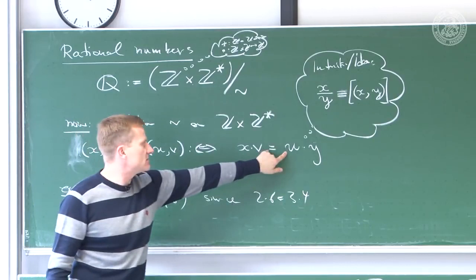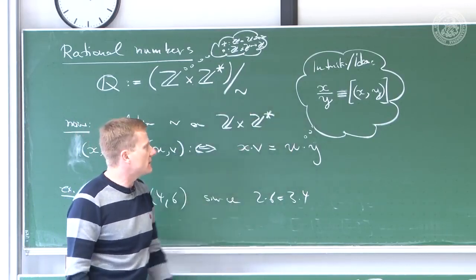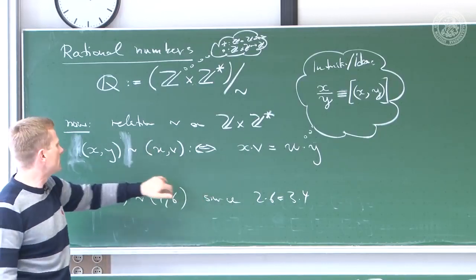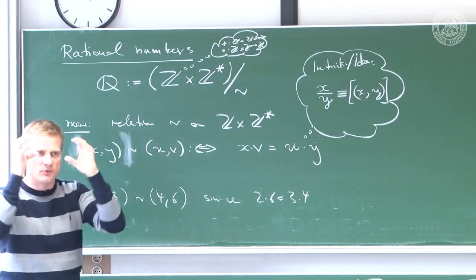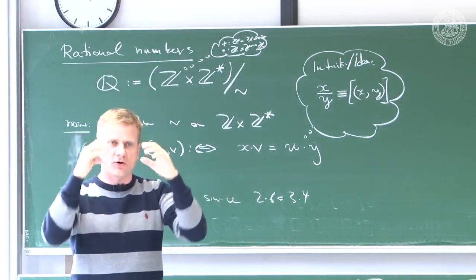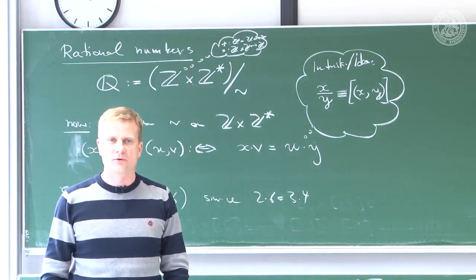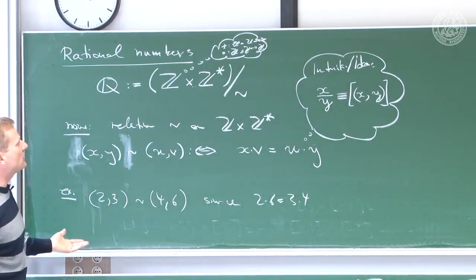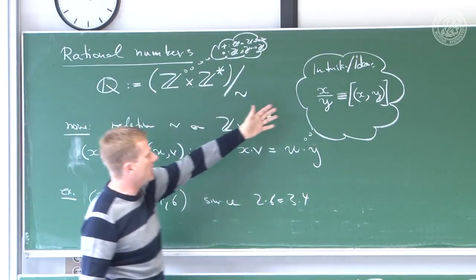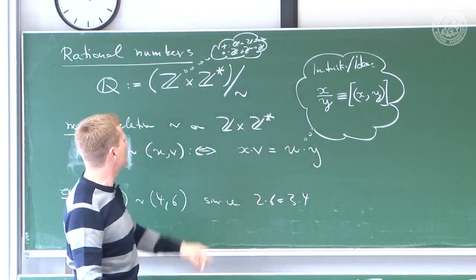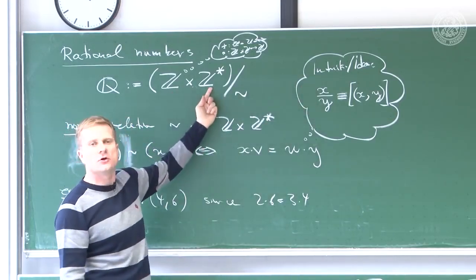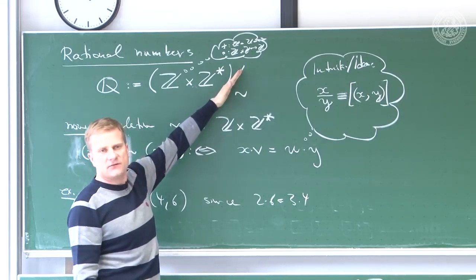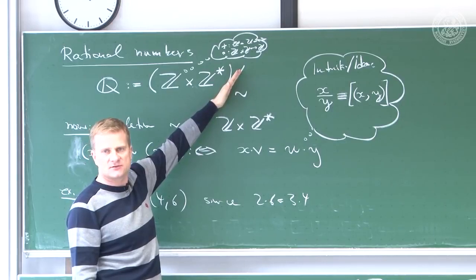So this implements the rule that by extending the fraction or cancelling factors, you have the same fraction. The glasses you put on now ignore common factors of the numerator and the denominator. Fractions are pairs of numbers in the numerator and in the non-zero denominator, but under the identification of cancellations.